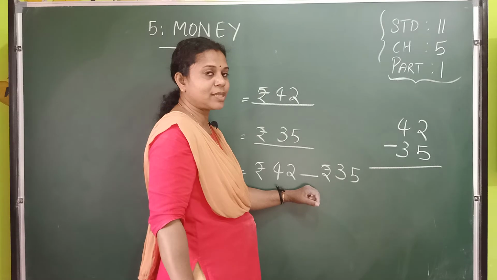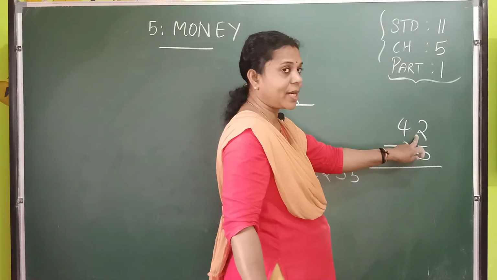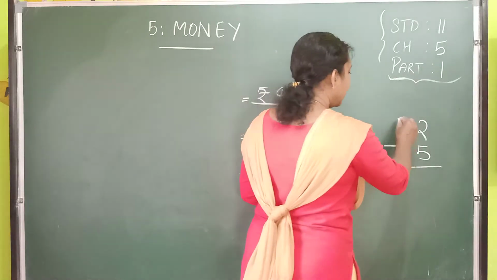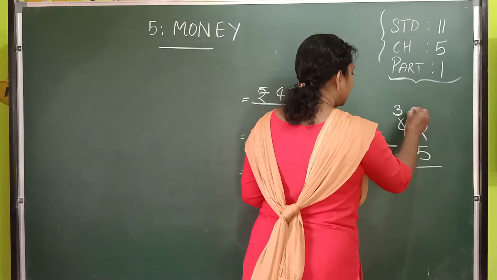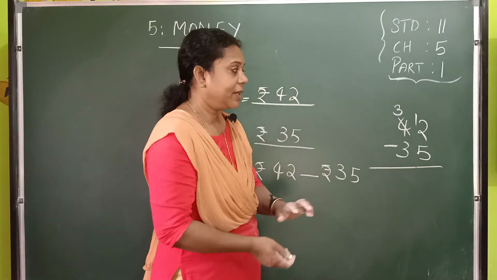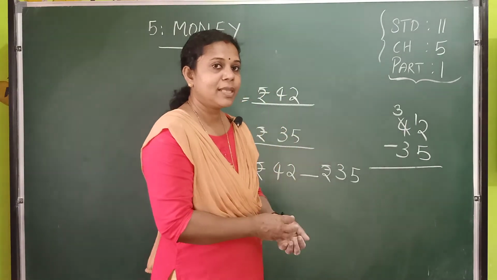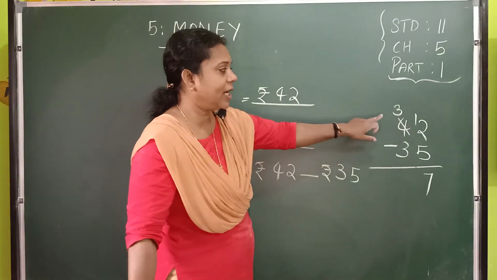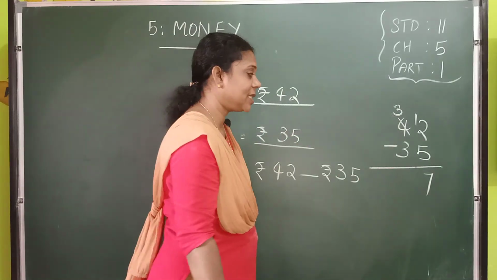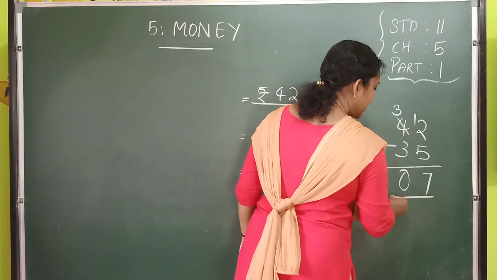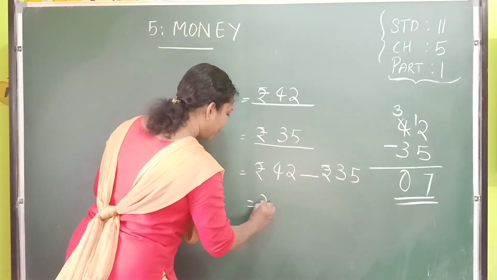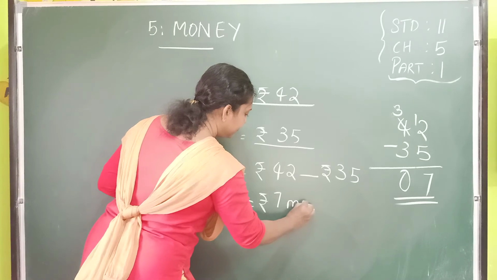You cannot do 2 minus 5, so we need the borrowing method, isn't it? Let us make it 12. Now it is 12 minus 5, that's equal to 7. Now we have only 3 here. 3 minus 3 is equal to 0. He needs 7 rupees more.